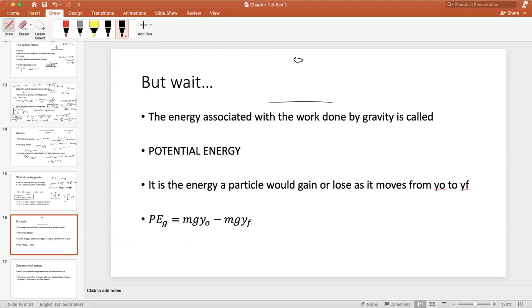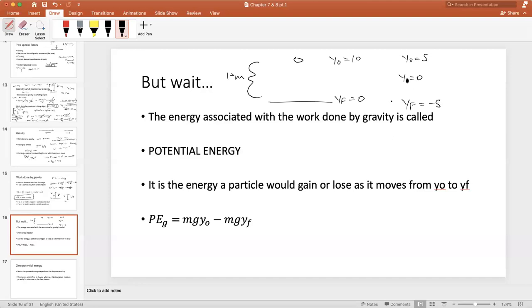The weird thing about potential energy, though, is we can say wherever we want it to be zero. So let's say this distance is 10 meters. We say y initial is 10 and y final is 0. Or we could say right in the middle that this is 0, so y initial is 5 and y final is -5.